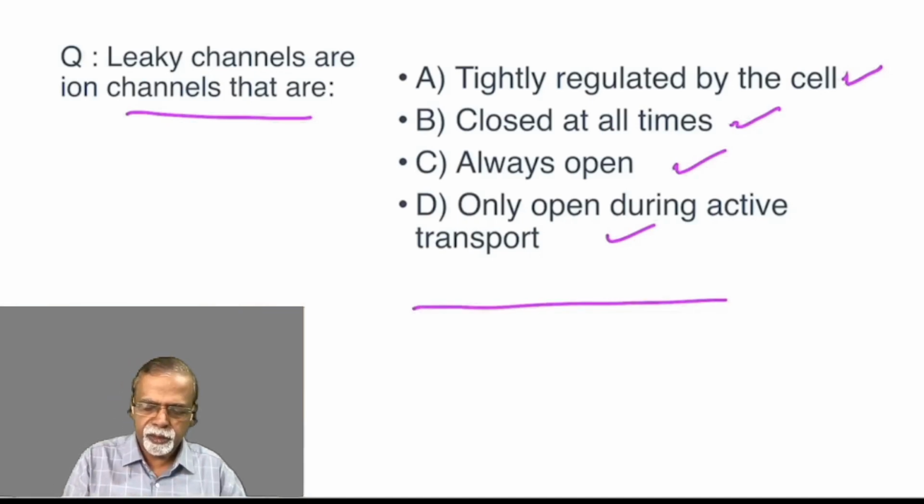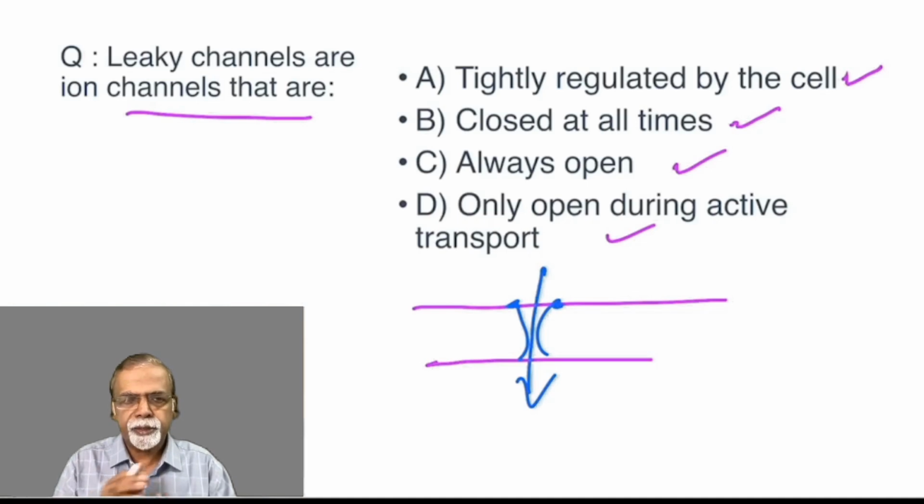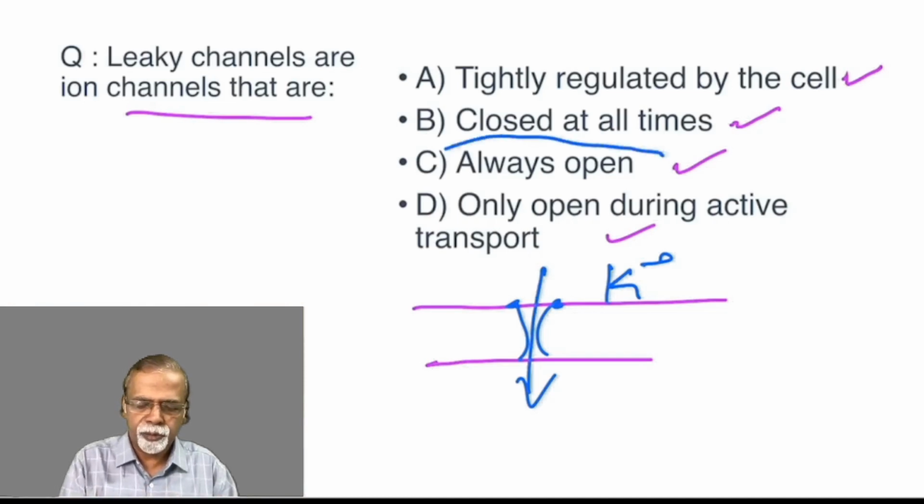Leaky channels are specialized proteins which will allow transfer of an ion. So this is a type of facilitated diffusion. Leaky channels are always open. A typical example is the potassium channel. It always leaks. So the correct answer is it is always open.